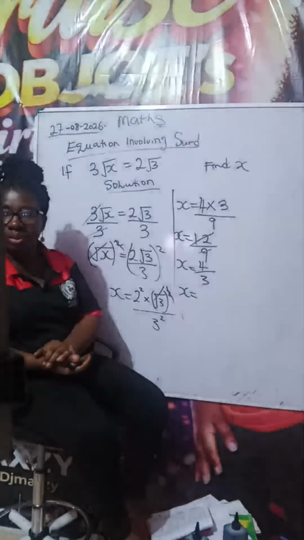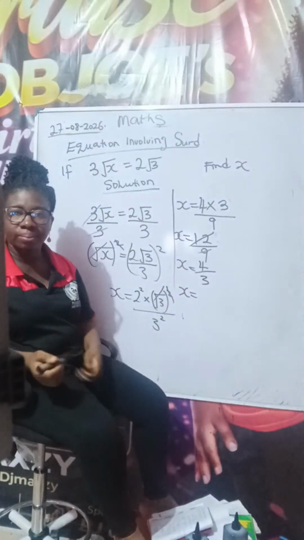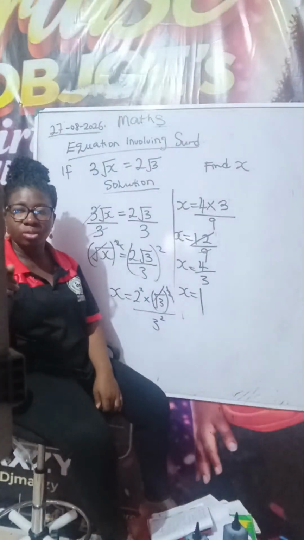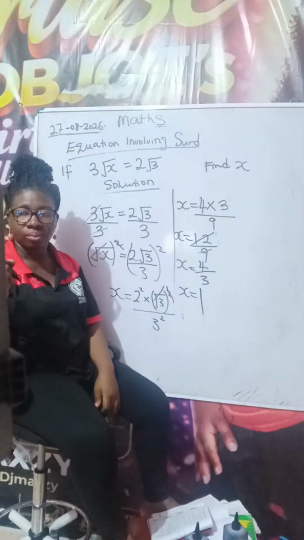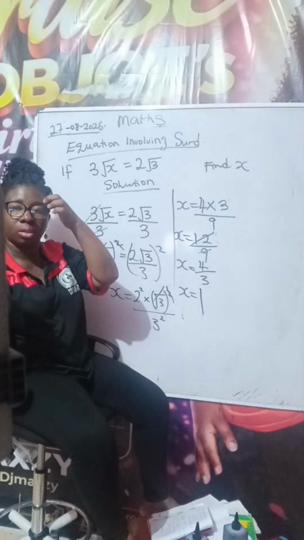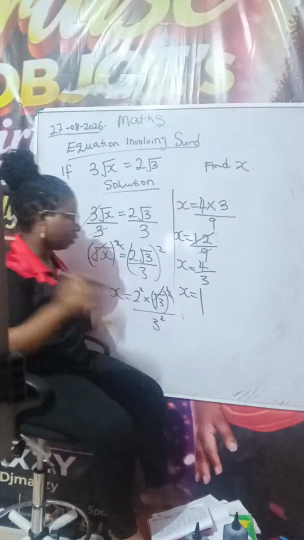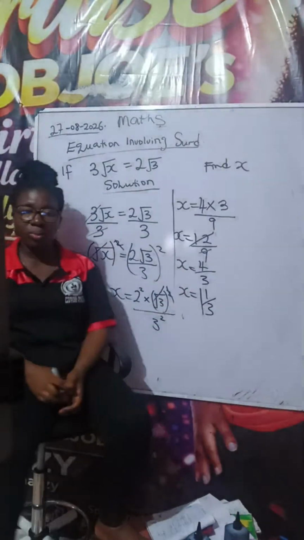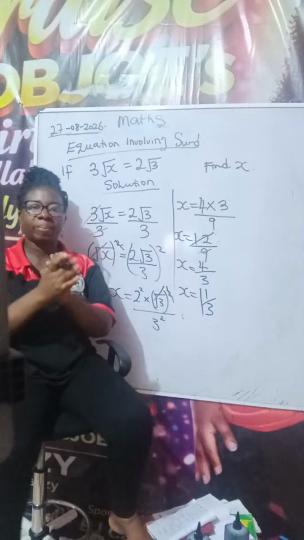That will give us 1, with a remainder of 1. And that will be 1 over 3. And that is the answer. So we have gotten the value of x.